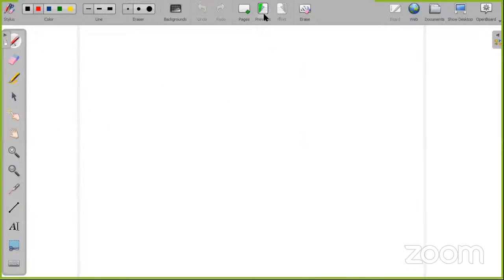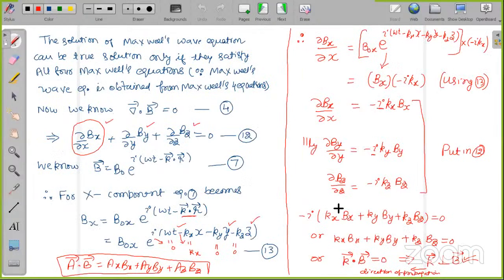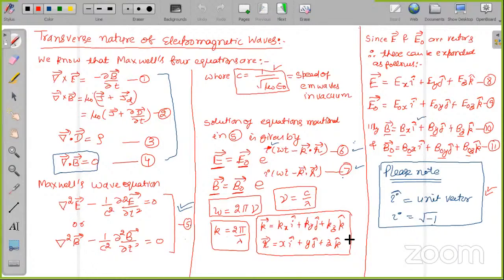Let me show you the previous page. Yes, sir. This equation, I think it was before this also. This equation by using 8. Is it okay? What you can prove?